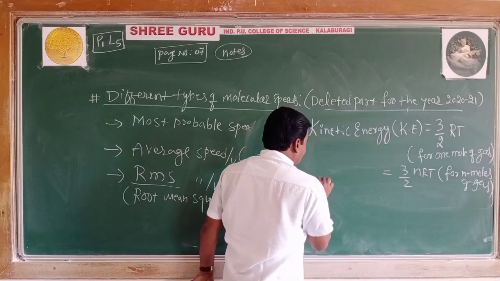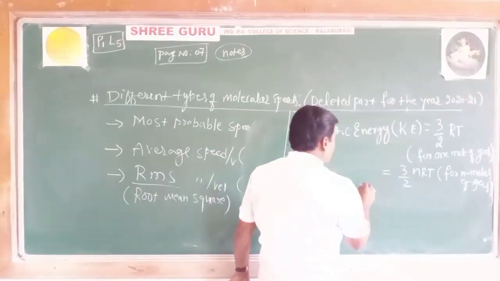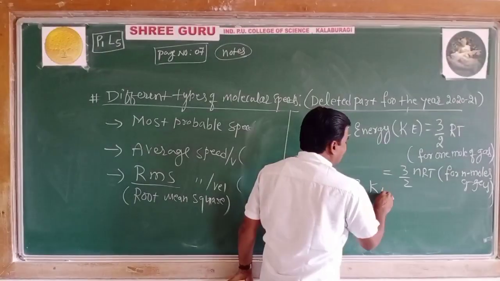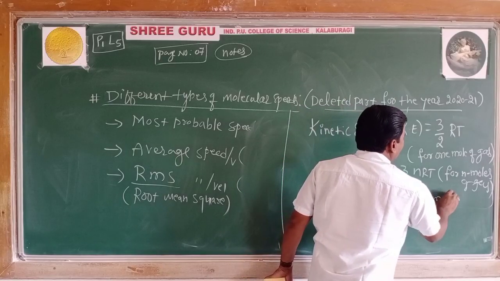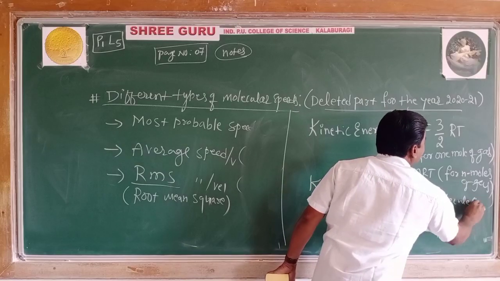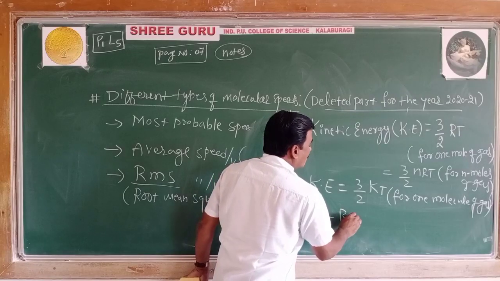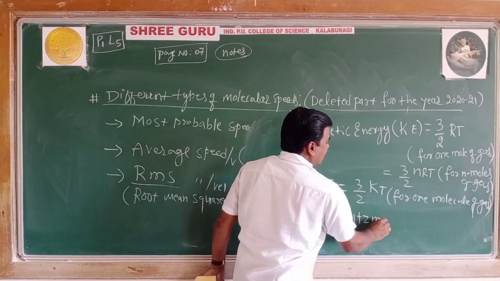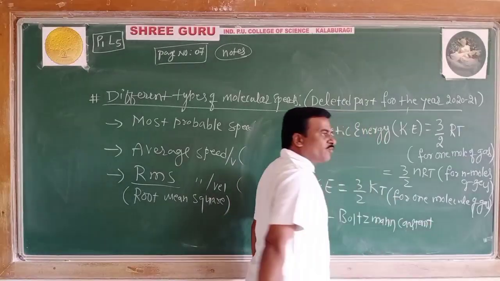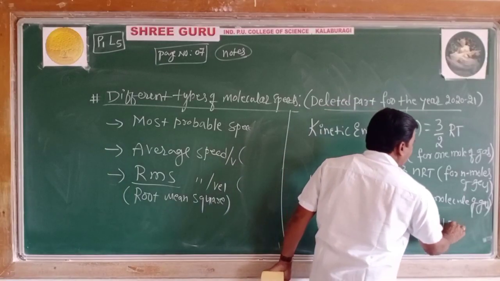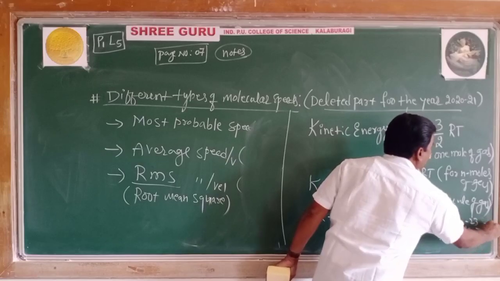The same kinetic energy expression for 1 molecule of a gas is given by 3/2 times kT, where k is a constant called the Boltzmann constant, with value 1.38 into 10 to the power minus 23 joule per Kelvin.